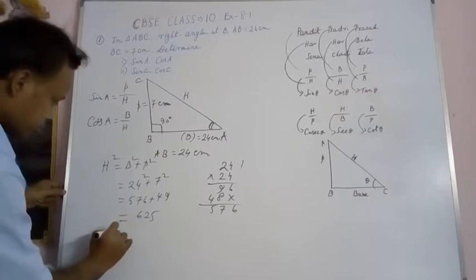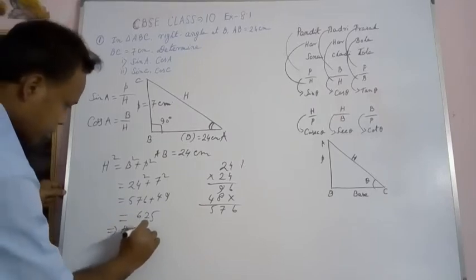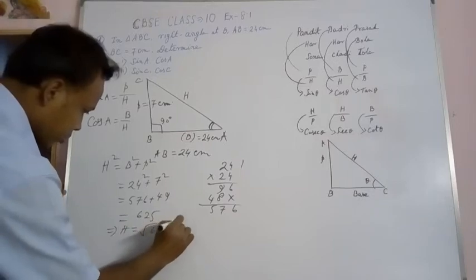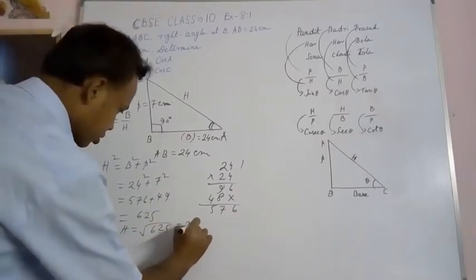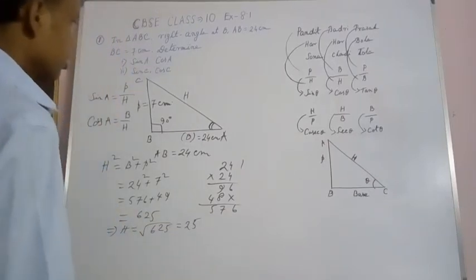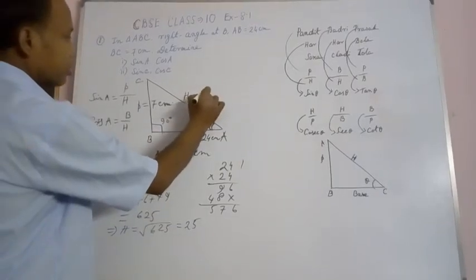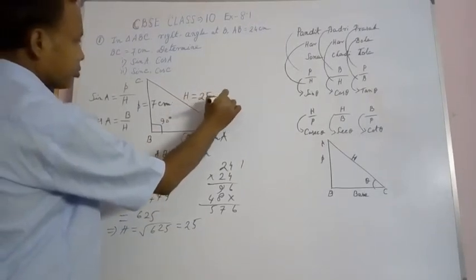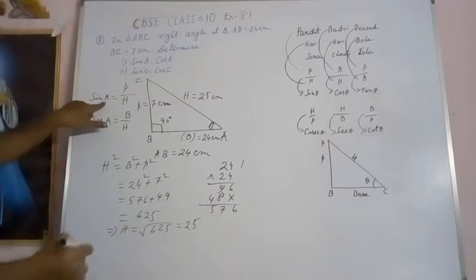Therefore hypotenuse is equal to root over 625 is equal to 25. So hypotenuse is equal to 25 centimeter.